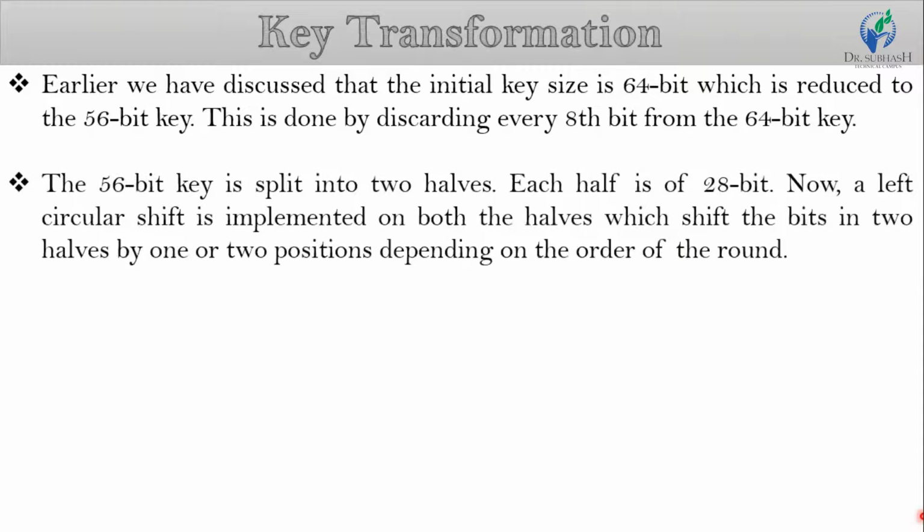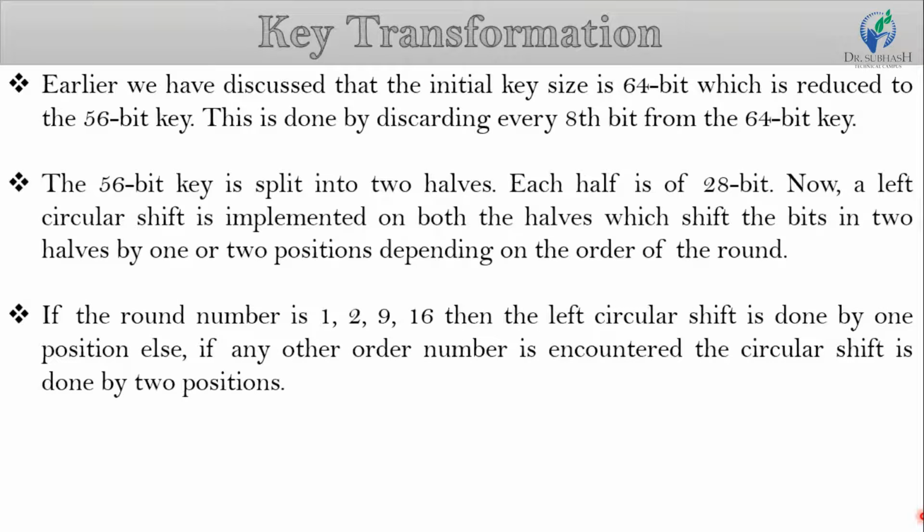The 56-bit key is split into two halves. Each half is 28 bits. Now, a left circular shift is implemented on both halves, which shifts the bits in the two halves by 1 or 2 positions, depending on the order of the round.